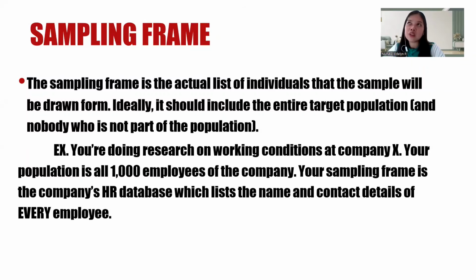If you want to describe the whole population here in SLSU Hinunangan, you need to get the list of all students. You might ask it from the registrar, or you can ask it individually from the secretary of each organization. You need to have the list of individuals.